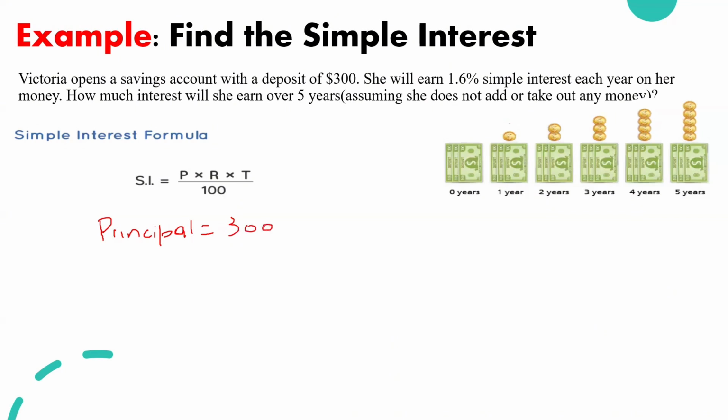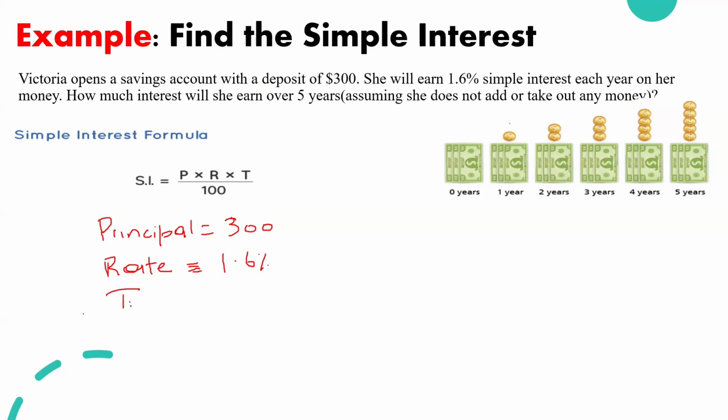And as we said before, principal can be money invested or money borrowed. So the $300 is our principal. Rate, which is the same thing as interest rate, is a percent. The rate here is 1.6%.